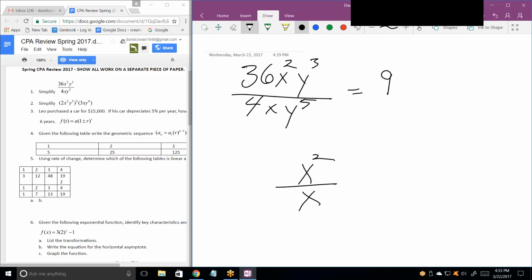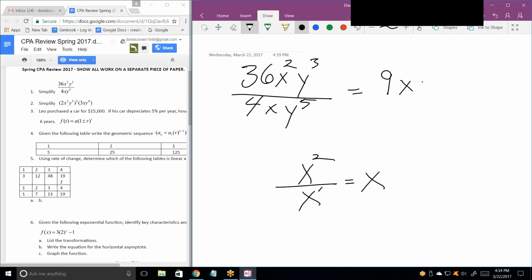That is just 2x. No, what you do is you subtract the exponents. So what's that equal to? X. So that x goes there, and always know that if there's no exponent, it is a 1 that is indicated.